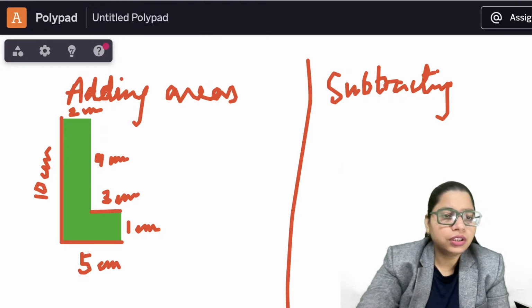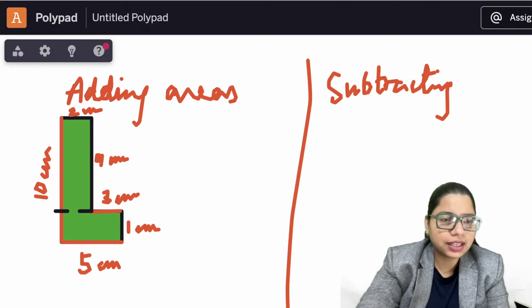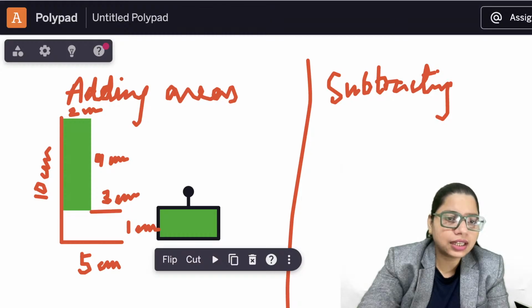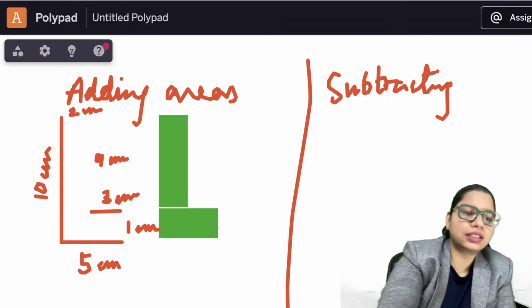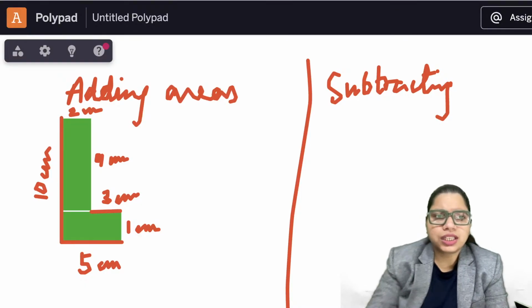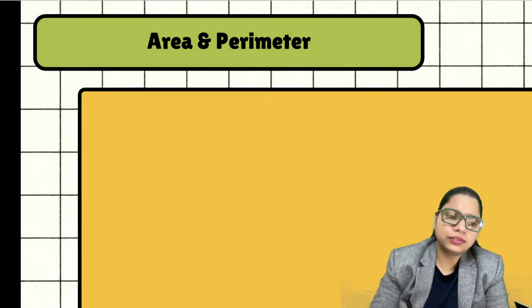What we're going to do is try cutting the shape. So if I cut the shape like this, we will get one rectangle and the other rectangle. These two rectangles, right? To find out the area of a rectangle is quite easy, isn't it?